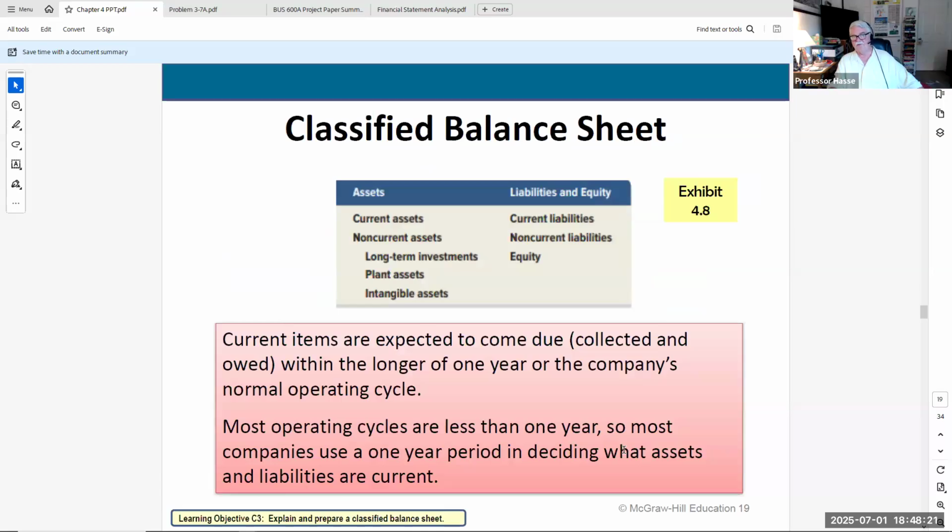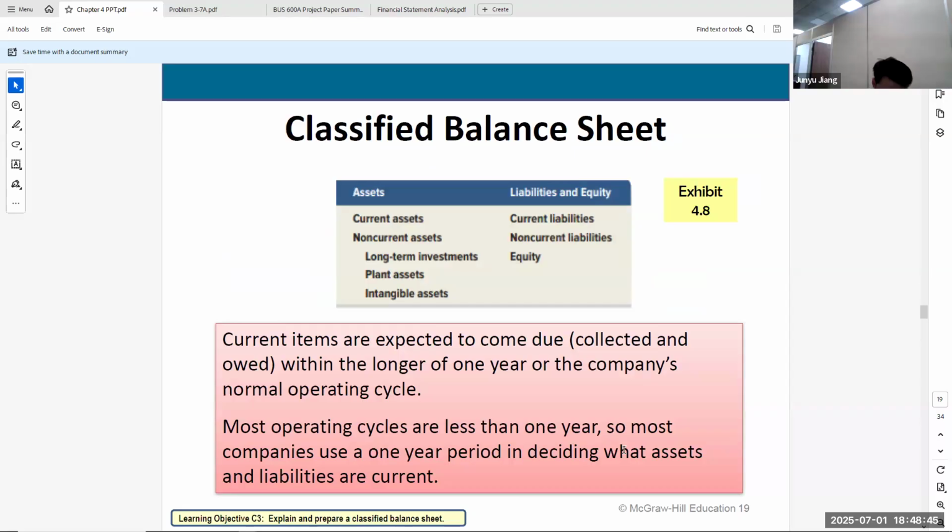Another thing I wanted to talk about here is a classified balance sheet. A classified balance sheet means to break down assets and liabilities into 2 areas, current and non-current. Current assets and non-current or long-term assets.